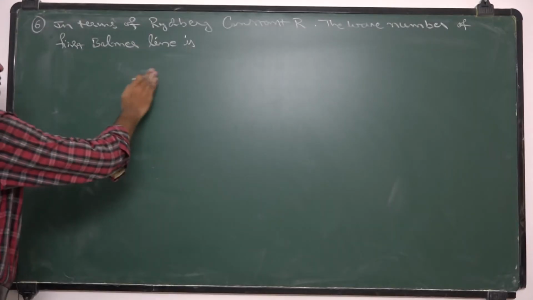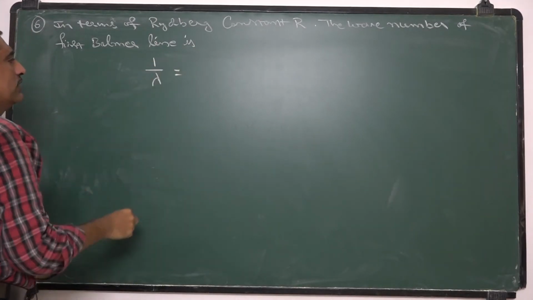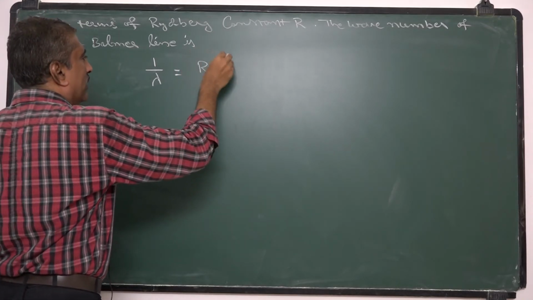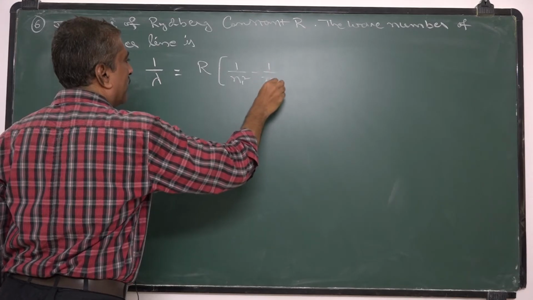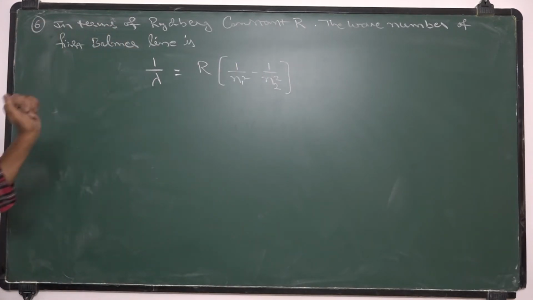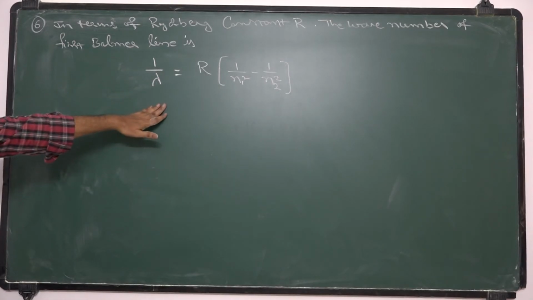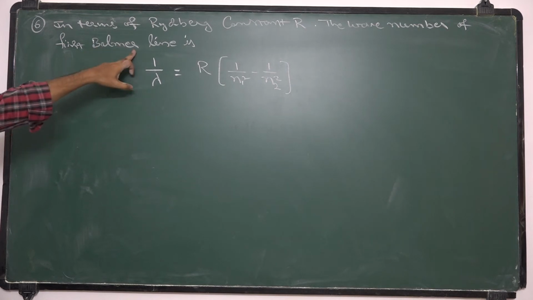So actually for a transition wavelength, 1 by lambda is equal to R into 1 by n1 square minus 1 by n2 square. This is the actual equation, and here we have to calculate Balmer series.